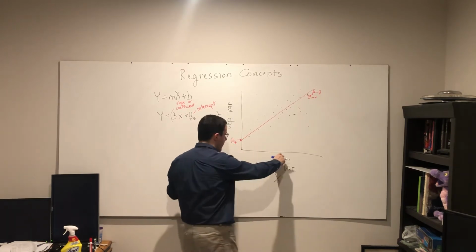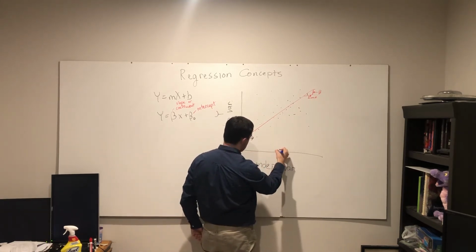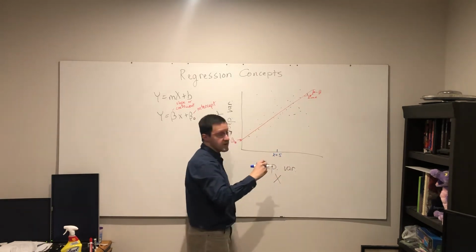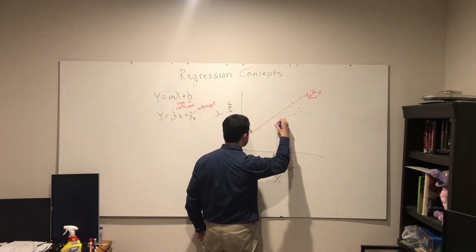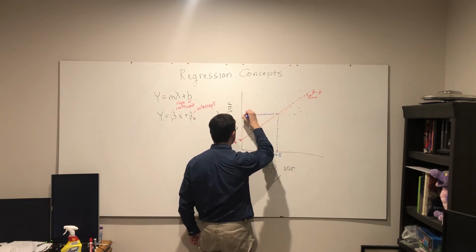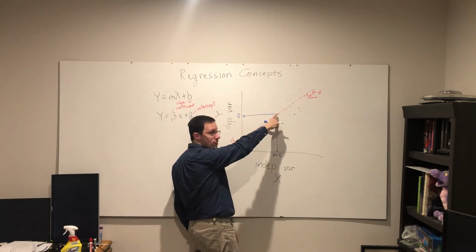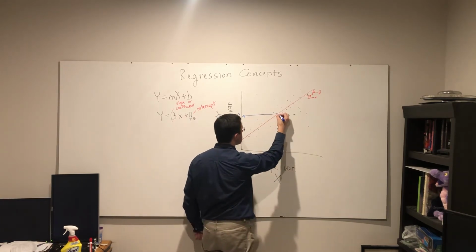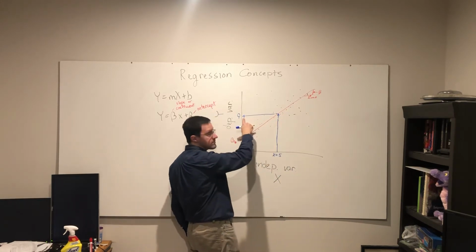Well, for any value of x, so if I'll just put 5 here, if x equals 5, here's our predicted value. I go up to the line where x equals 5, and then I come over.